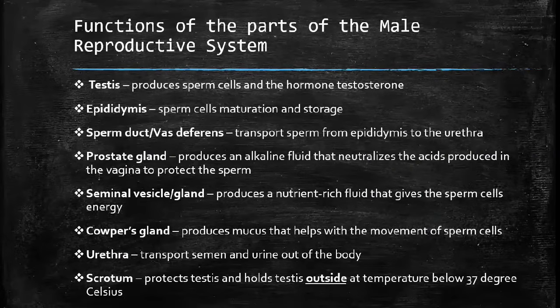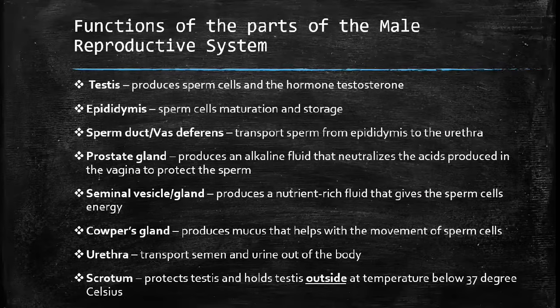Now, I told you I'm going to explain the difference between what? Sperm and semen. Semen is actually, how can I say it, a fluid that contains your sperm cells and other substances like the alkaline fluid, your mucus, and your nutrient-rich fluid.